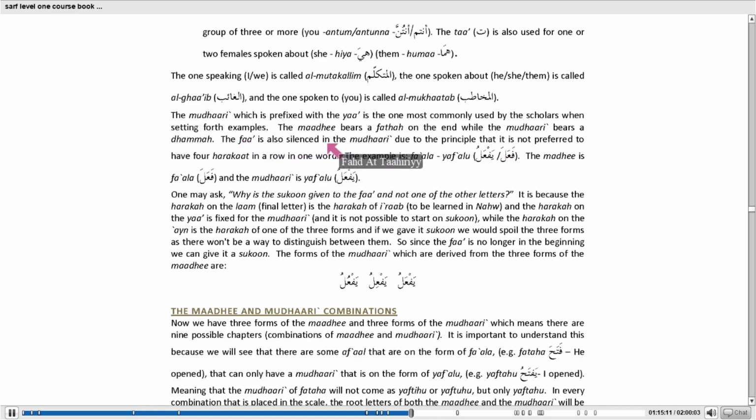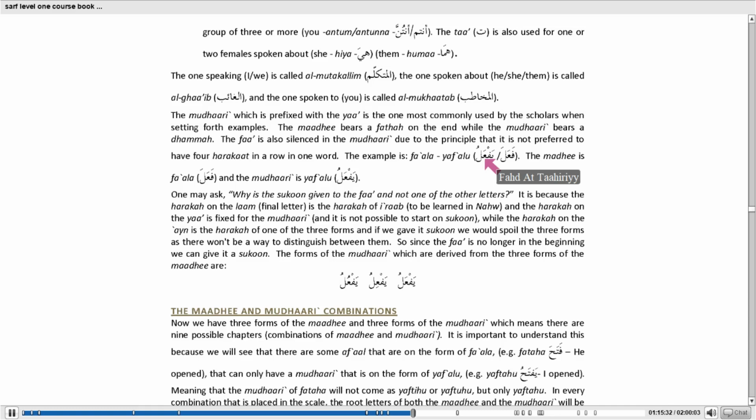The fa is also silenced in the mudari'. As you can notice here, the fa in the mudari' becomes silenced. Because in the madi we said daraba, but in the mudari', yadribu, adribu, nadribu, tadribu.